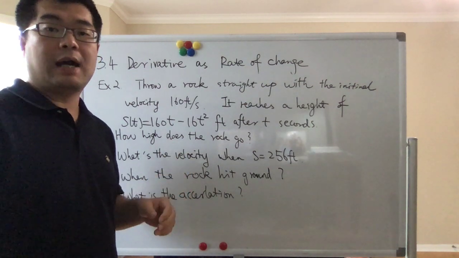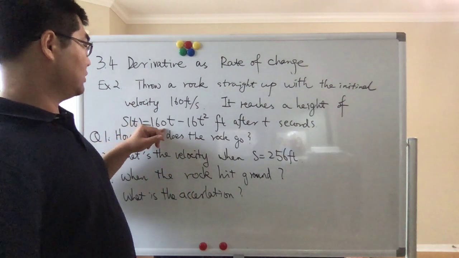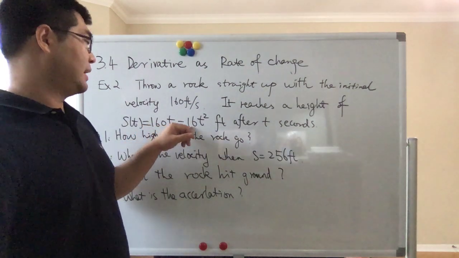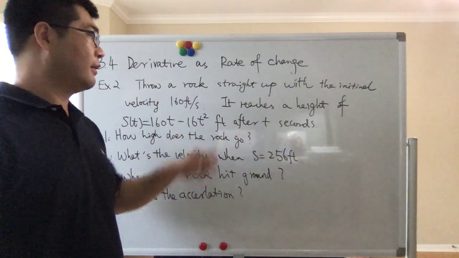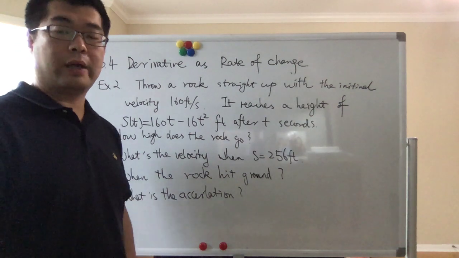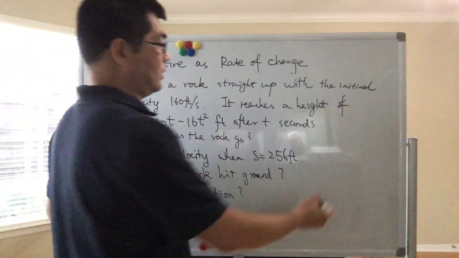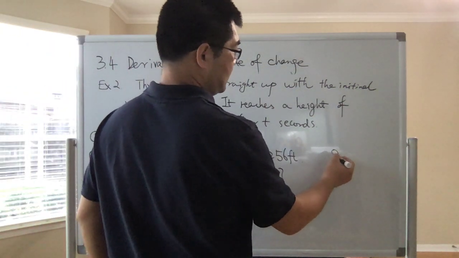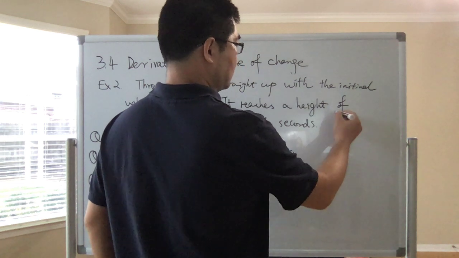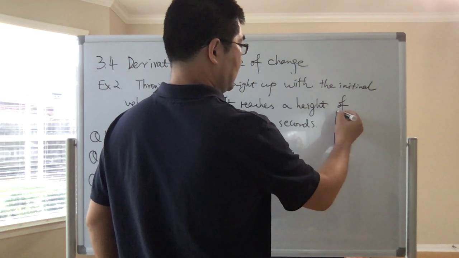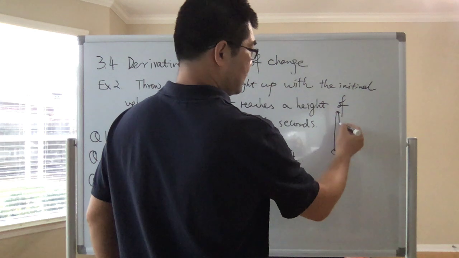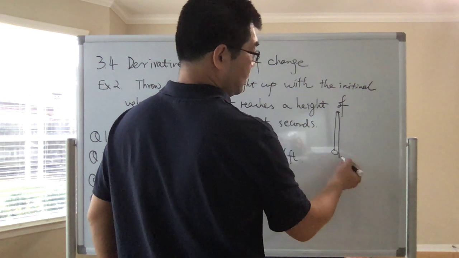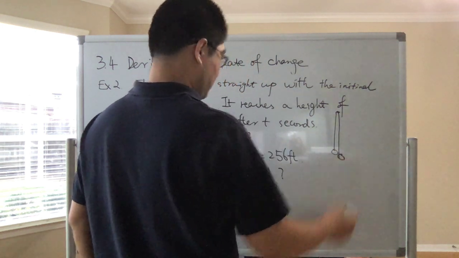And it reaches a height of s of t equals 160t minus 16t squared feet after t seconds. So basically the graph can be something like this. This is like a rock that goes up, hits the highest height, and then goes down. This is the process.